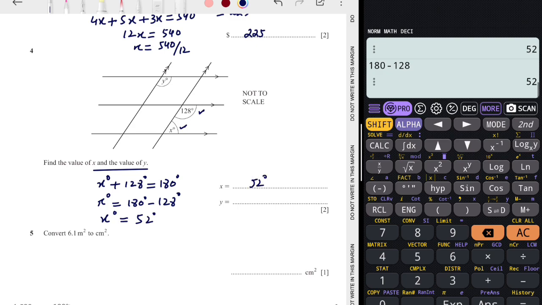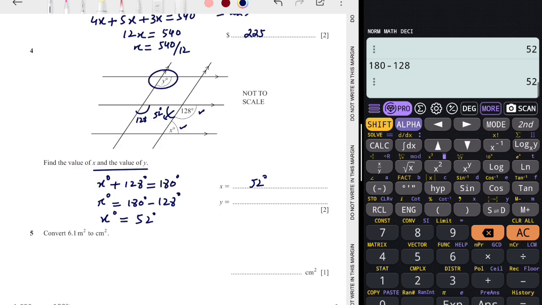Now we have to find angle y. Students, you can find this angle first of all, and if you see this angle, these are angles of a straight line, so this angle would also be 52 if you subtract this angle from 180 degrees, and this angle is again 128.